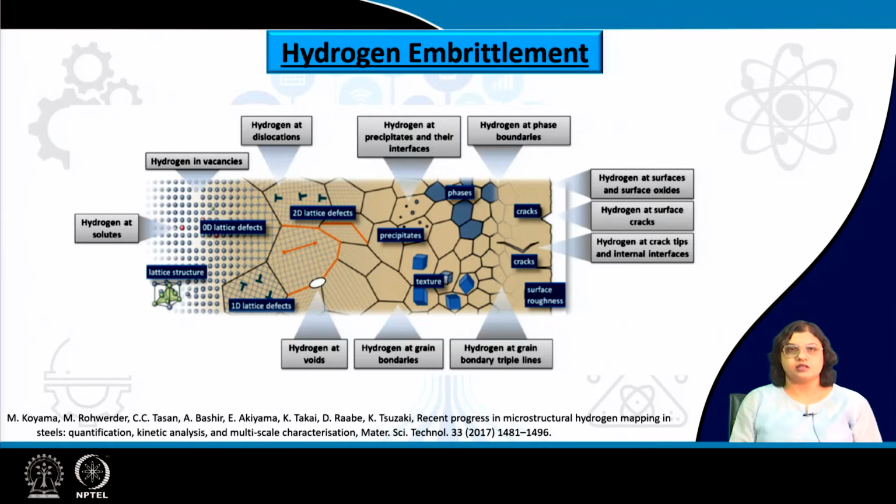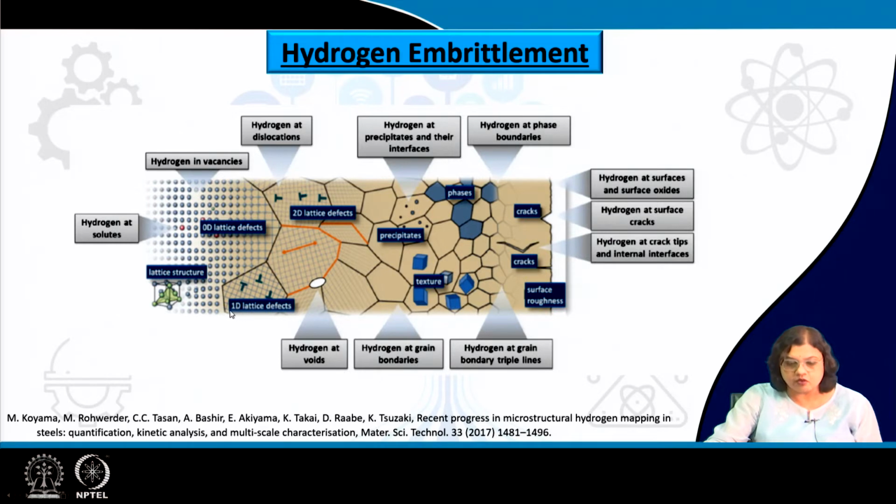So, this is in brief what we have discussed in the last lecture about the presence of the hydrogen at the different places. So, let us look into this in a little bit more details. What we can see here is the presence of hydrogen could be either at the solutes or at the different other places such as the 0 dimensional lattice defects or in the lattice structure itself.